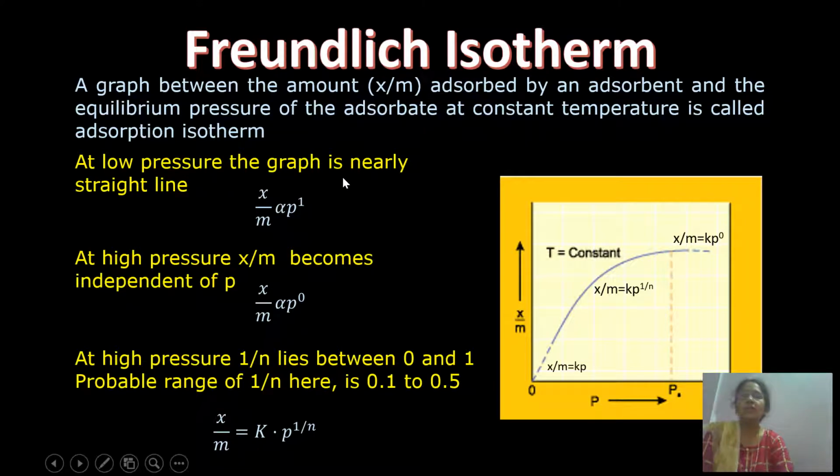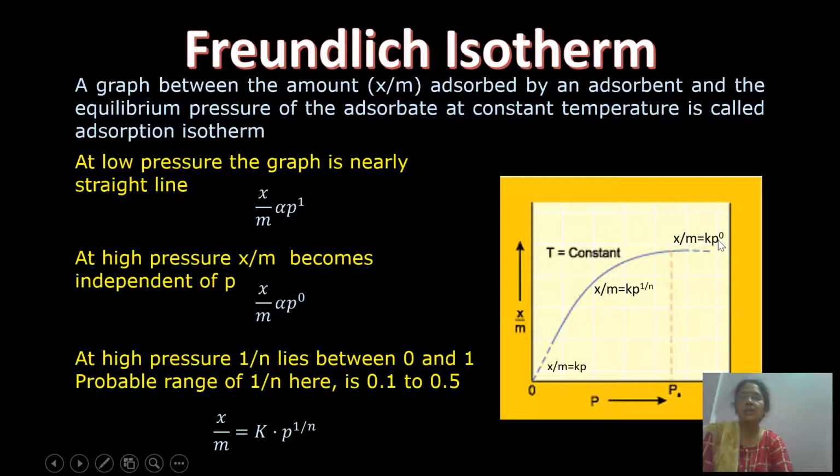In this Freundlich adsorption isotherm, we are representing the graph x by m versus p. So here see, at low pressure x by m gives a nearly straight line. It's a straight line, and when it reaches high pressure, x by m is equal to kp^0.